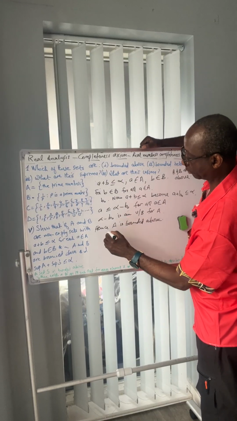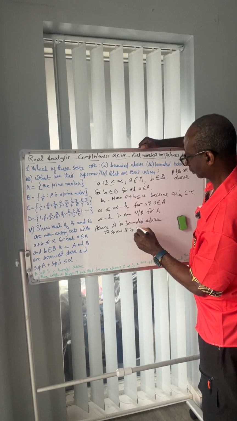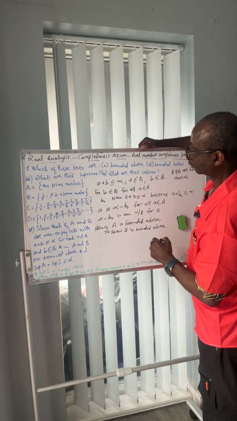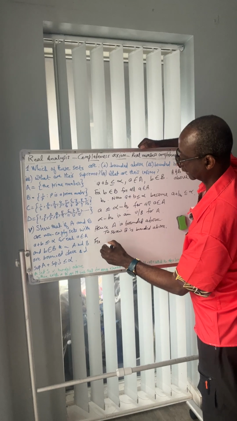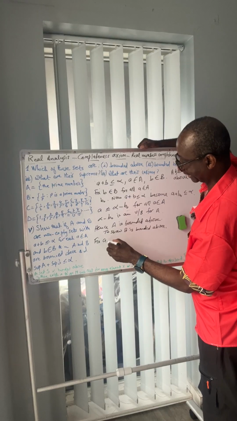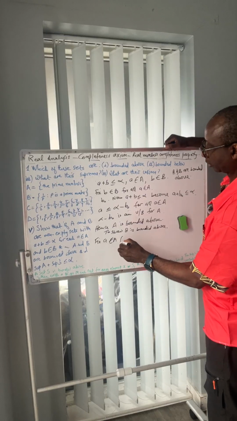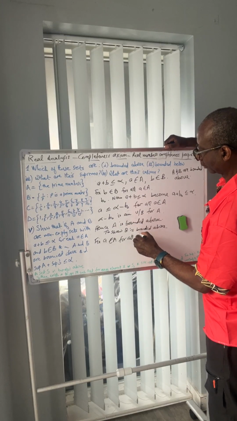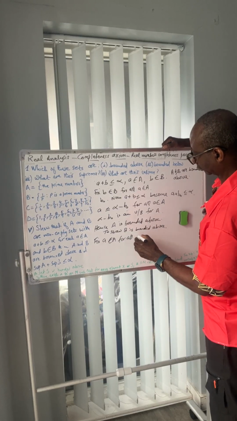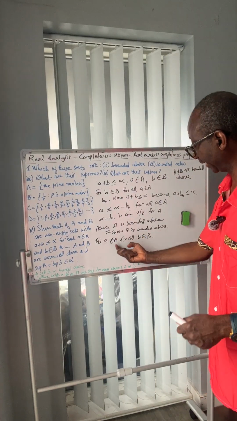To show B is bounded above, we fix a, the element a in the set A, for all b in B. This statement: fix a in A for all b in B.